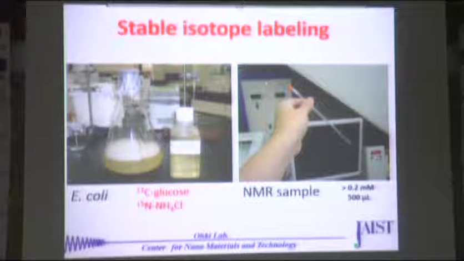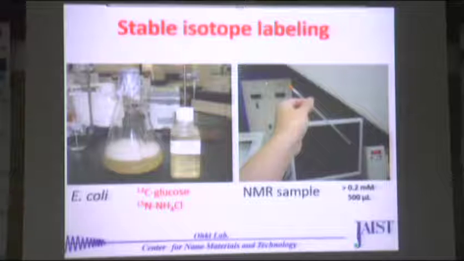And then E. coli yields your sample protein using these carbon 13 and nitrogen 15. So we can get the labeled protein. The NMR sample is very small, but the concentration is higher, more than 0.2 millimolar, and we usually use a 500 microliter small sample in the big magnet.